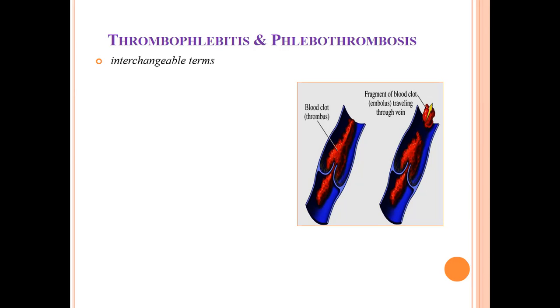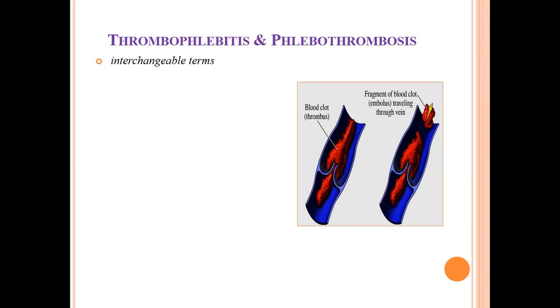Phlebothrombosis means, phlebo comes from the word vein, thrombosis means formation of thrombus inside the vein. Thrombophlebitis, we mean by that thrombosis, and the suffix itis, it means inflammation in the venous wall. So we have two processes that happen inside the vein: inflammation and thrombus formation.